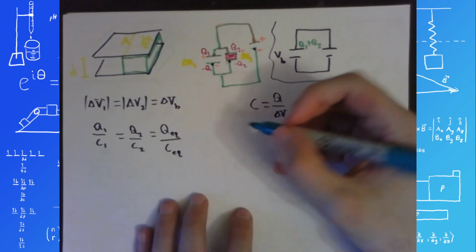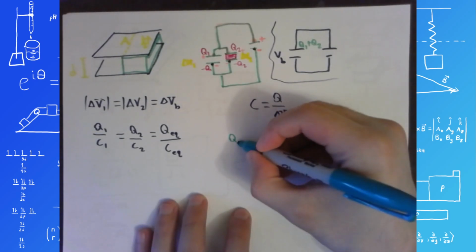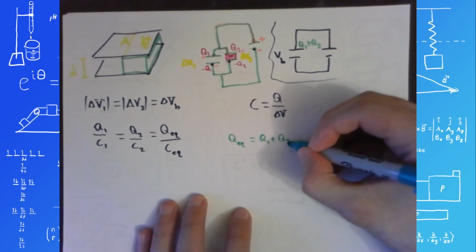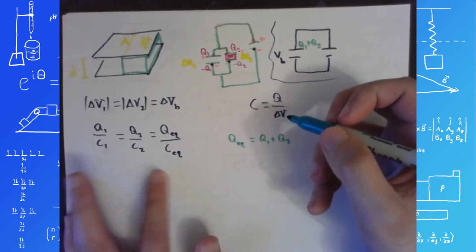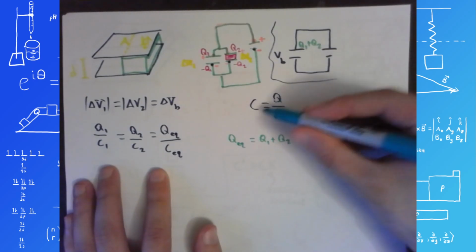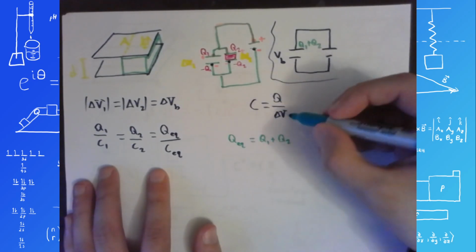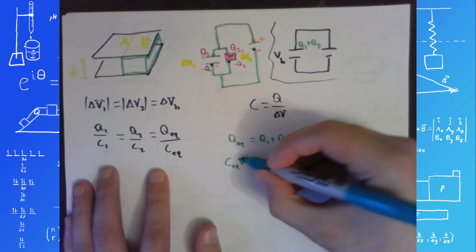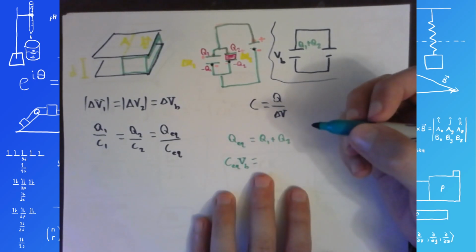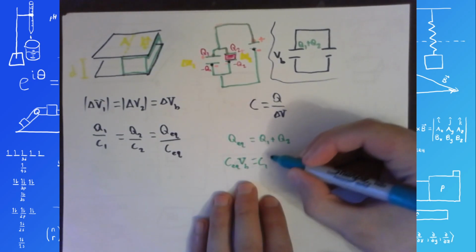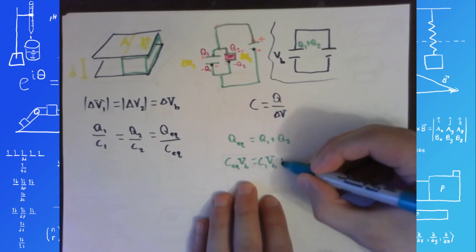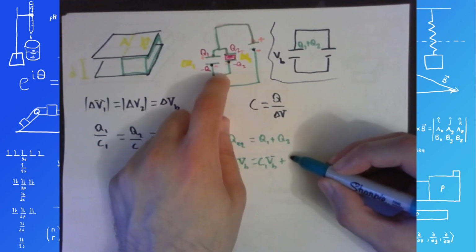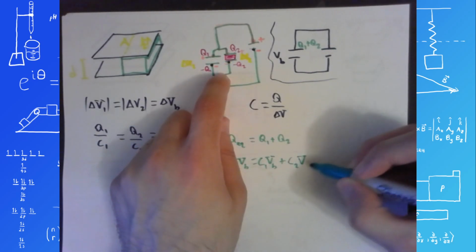Okay, so now we can say that Q on the equivalent capacitor is equal to Q1 plus Q2. And from there, if I solve this for Q, I get C times delta V. So C equivalent times delta V, which is just V battery, equals Q1, which is C1 times, again, V battery, plus Q2, which is C2 times V battery.